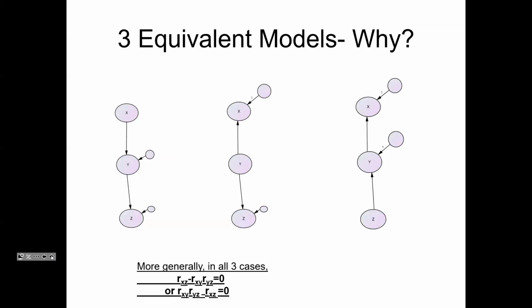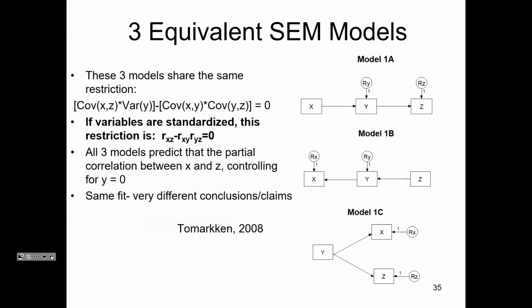Because I'm saying the correlation between X and Z is completely explained by the correlation between X and Y times the correlation between Y and Z. So I can frame that as this difference being 0. That's our over-identifying restriction. And if that's not true, that's going to cause some misfit in our model.